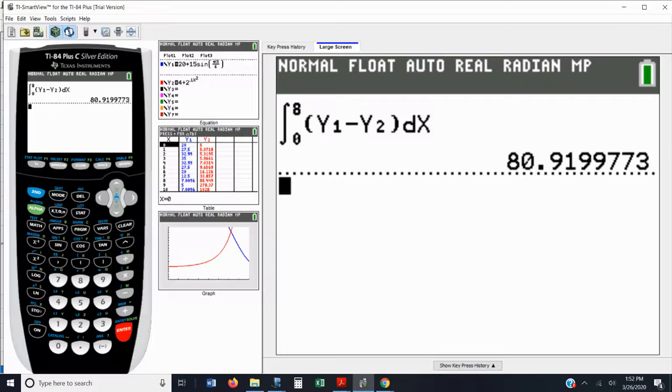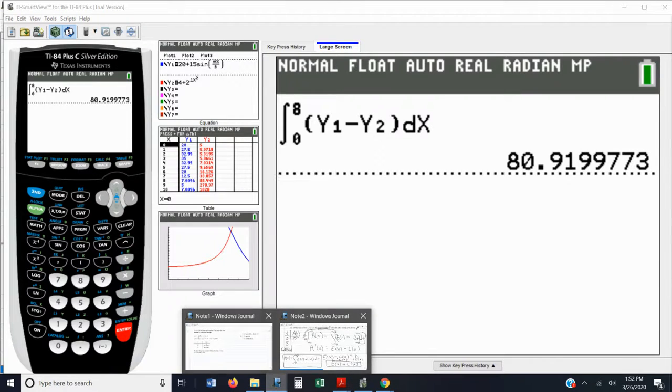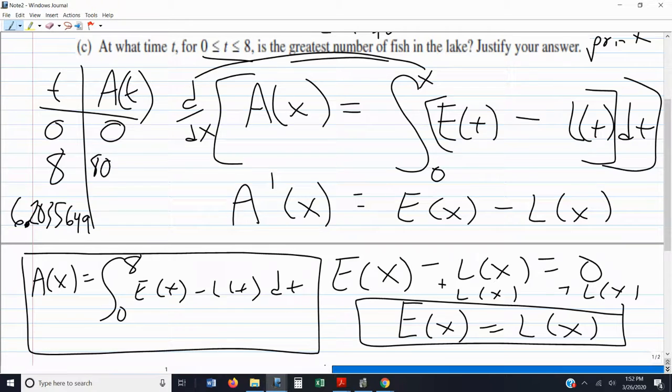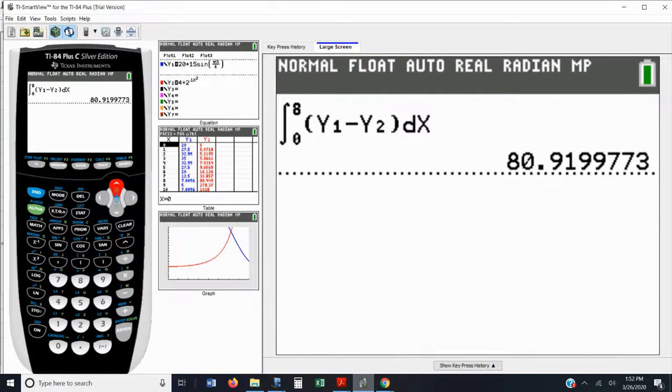And I get 80.9199. So I'm going to write that in my chart. And that was for when I plugged in the 8. So 80.9199, something like that.